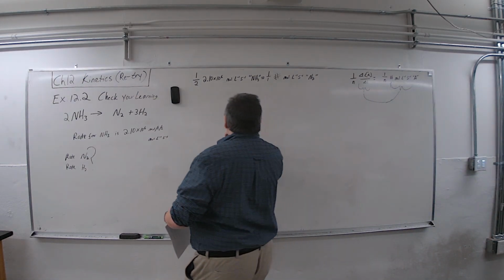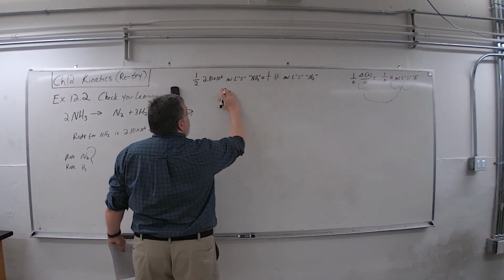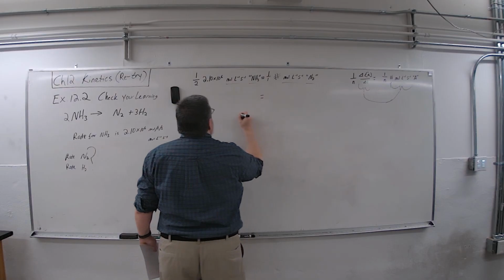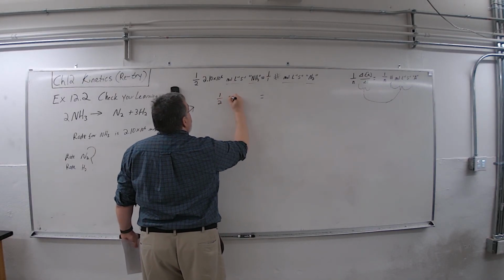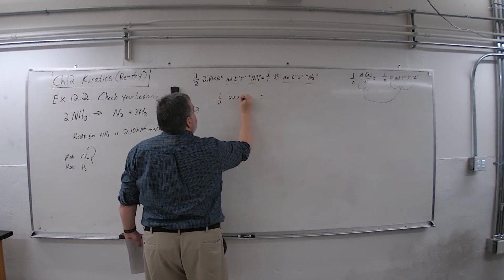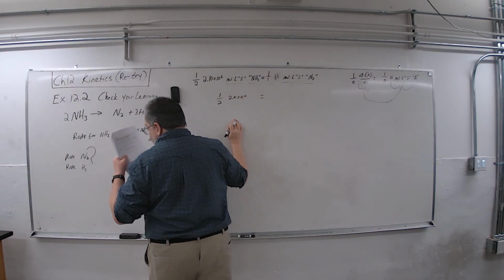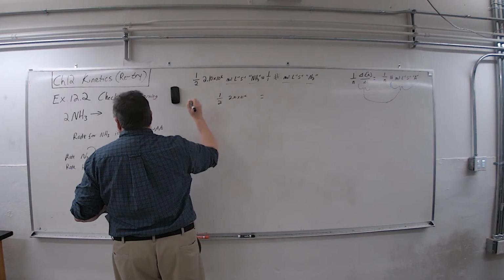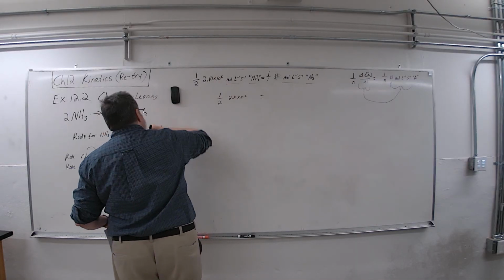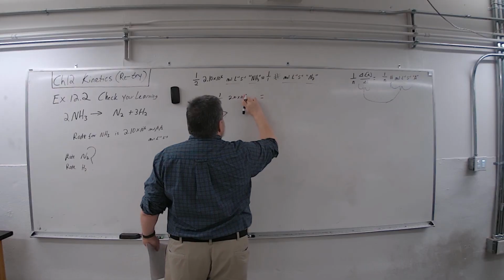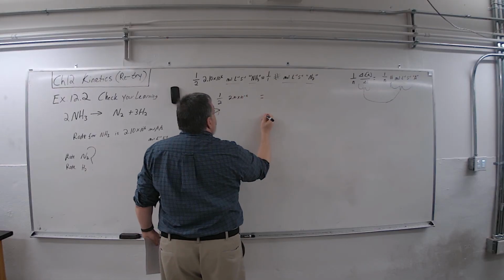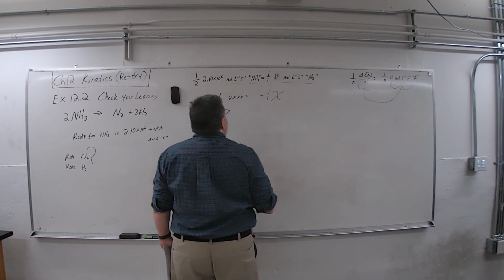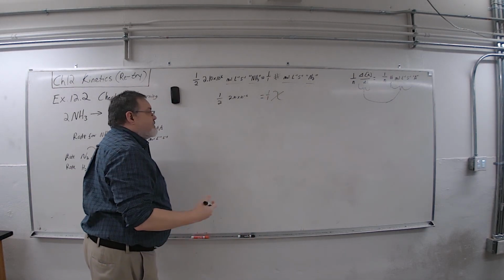And the rest is just this. To solve it, I would say leave the units and labels behind. Put an equal sign down here and go 1/2 2.10 times 10 to the negative, is it -6? Yeah, it's -6. 1/1, and let's turn that into X. And of course, this one's very easy.